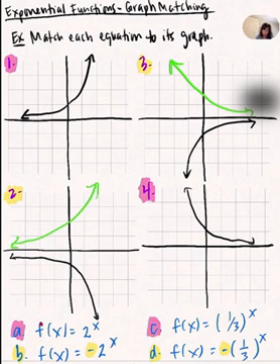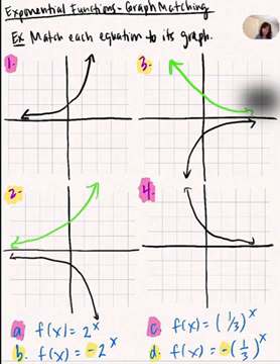Now, f of x is 2 to the x for A. So f of x equals 2 to the x is A. We know that graphs of the form a number bigger than 1 to the x have a general shape where they go up from left to right. And then graphs of the form a number smaller than 1 to the x go the other way, so kind of like number 4.